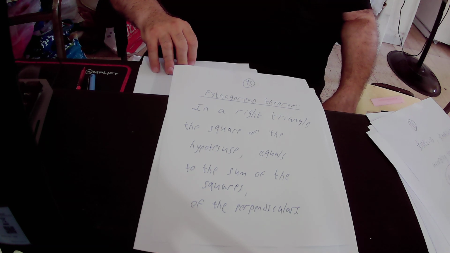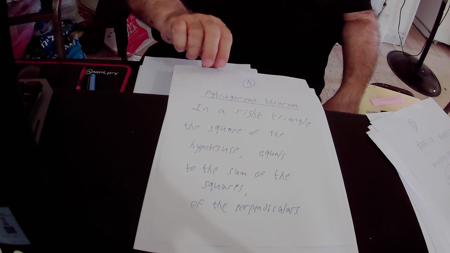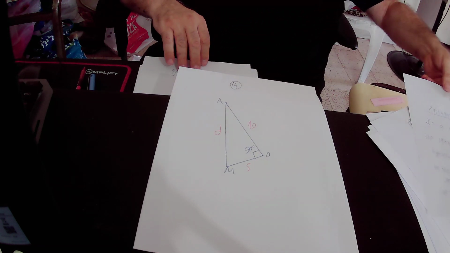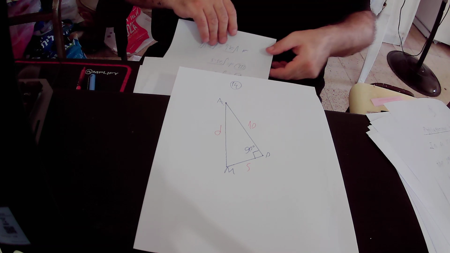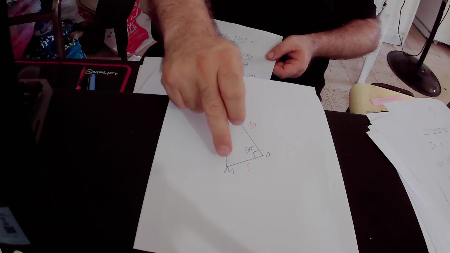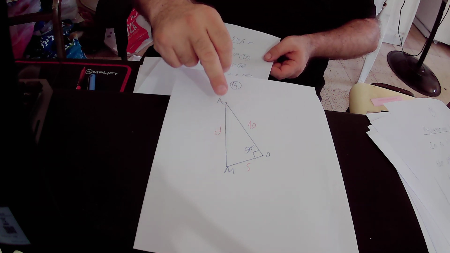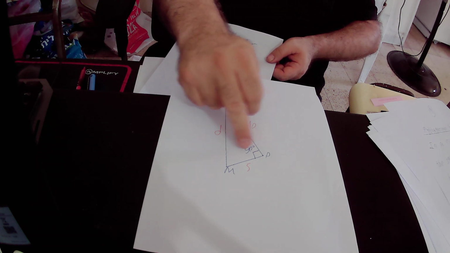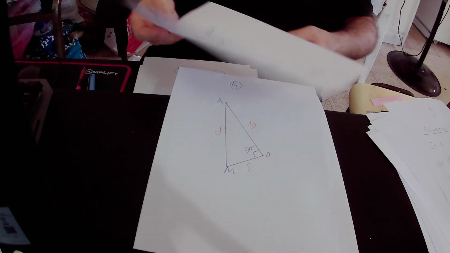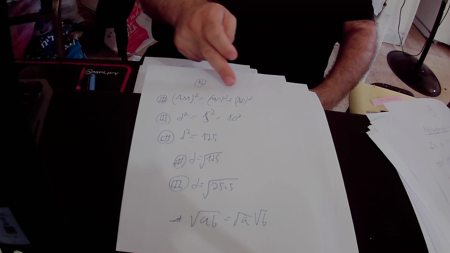In a right triangle, the square of the hypotenuse equals the sum of the squares of the perpendiculars. So in our specific right triangle, AM square equals MD square plus AD square.